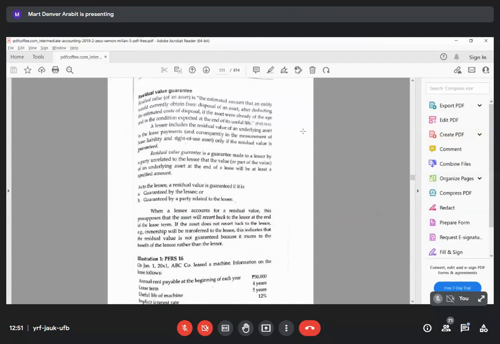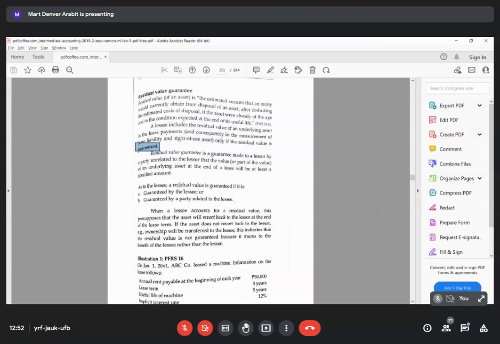So a lessee includes a residual value on the underlying asset in the lease payments only if residual value is guaranteed. So any unguaranteed residual value will be ignored. Okay.